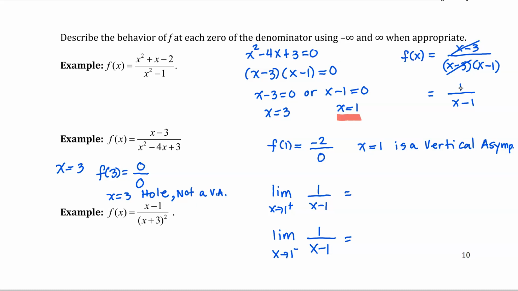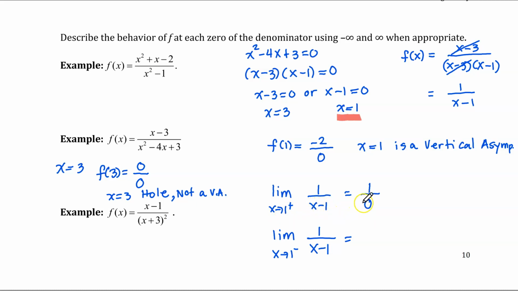To evaluate this, you just have to plug in 1 to the expression. You have 1 over 0. So this x minus 1 will approach 0 as x approaches 1 from the right.